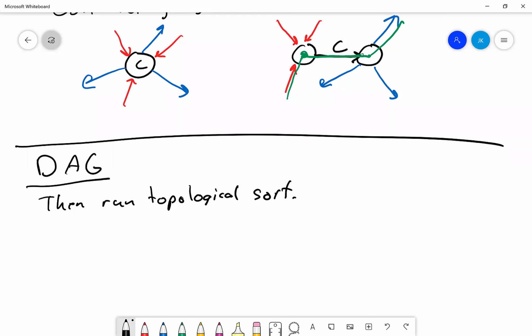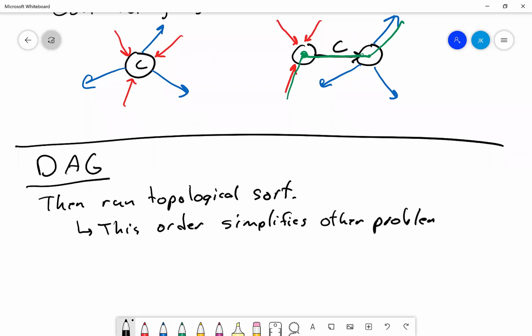So you run topological sort, and that gives you an order to visit the nodes. This order really simplifies a lot of other problems. For example, if you do a single source shortest path, instead of Dijkstra's algorithm, you can just process the nodes in topological sort order from your starting point.